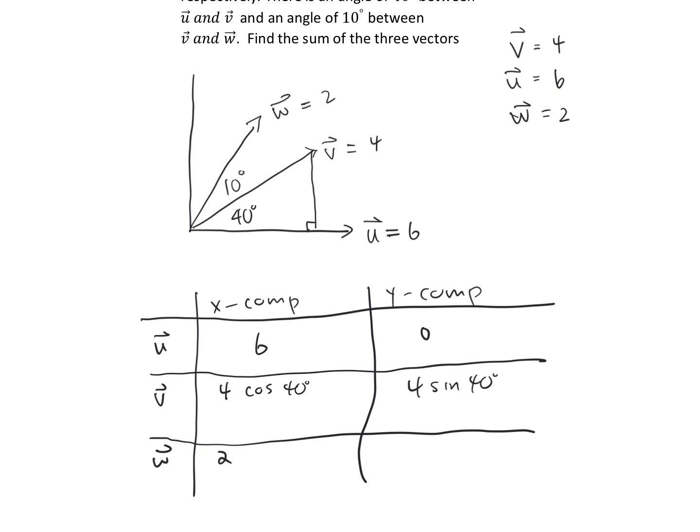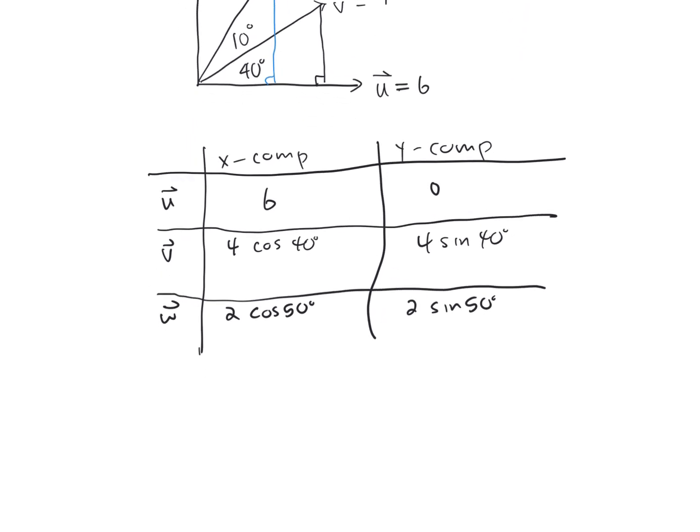For W, the angle that we're going to use is 50, because when we make a triangle, we will add the 40 and the 10. So that will have an angle of 50. Once we have that set up, we will just determine these values and then total them.